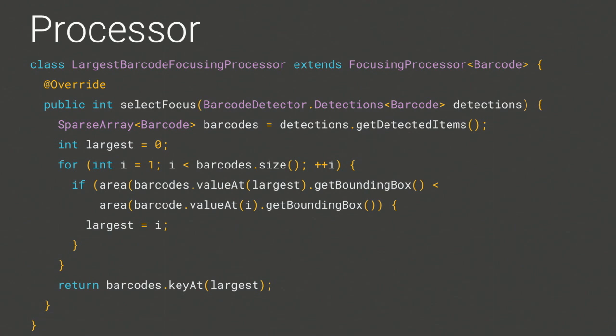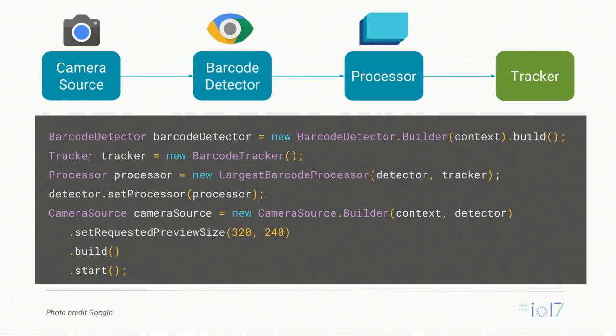After that, the select focus will get called again, and then you get to select what's the next barcode you want to continue tracking. So that's it. That's how you construct a pipeline. It's very easy, 4 steps. You instantiate a detector, you instantiate a tracker, a processor, and then you hook it all together using the camera source.